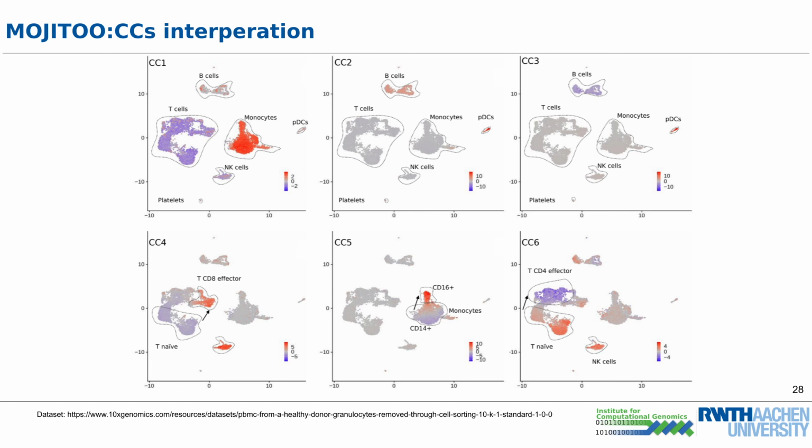CCs are also capable of capturing subtle changes between major cell subtypes. Here, CC4 captures changes between naive and activated T cells, while CC5 captures naive and activated monocytes.